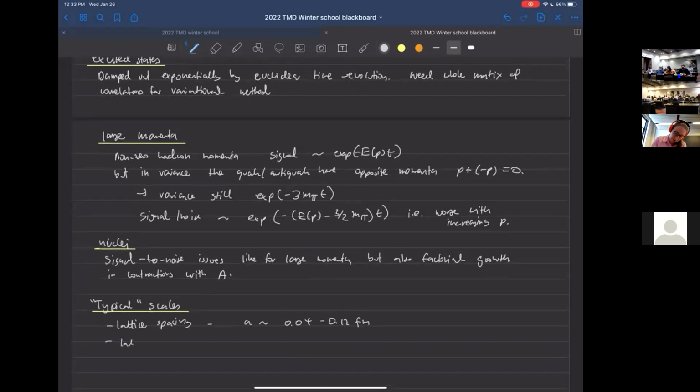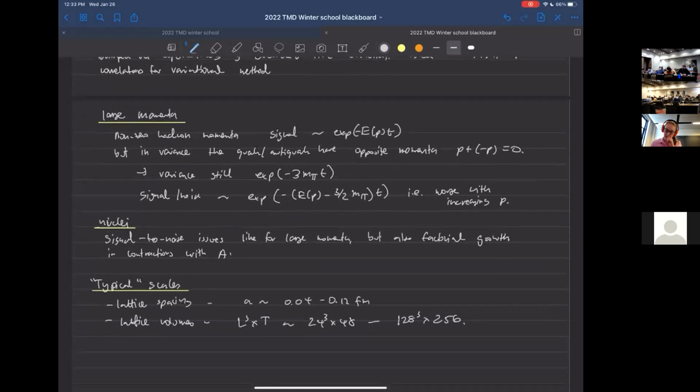These come with lattice volumes of, so that's L cubed by T, let's say 24 cubed by 48 is reasonably small these days. 128 cubed by 256 is a pretty big size. Obviously some are smaller, some are bigger, but that's about a typical range.